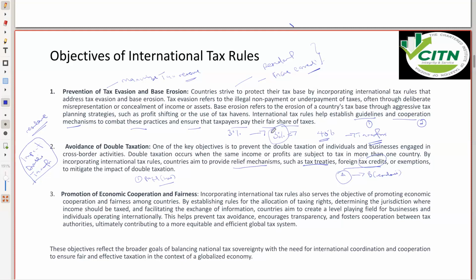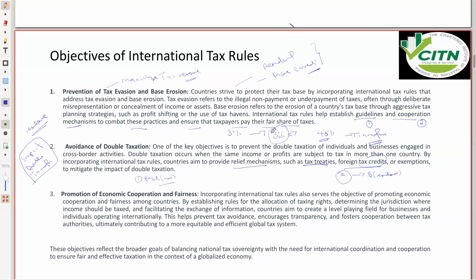So by countries coming together to reach an agreement on certain treaties, they're able to create a level playing field for businesses and individuals operating internationally.